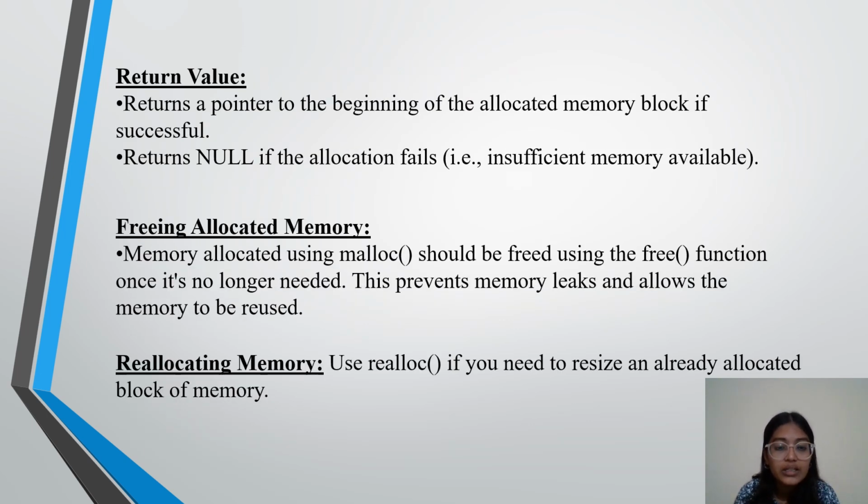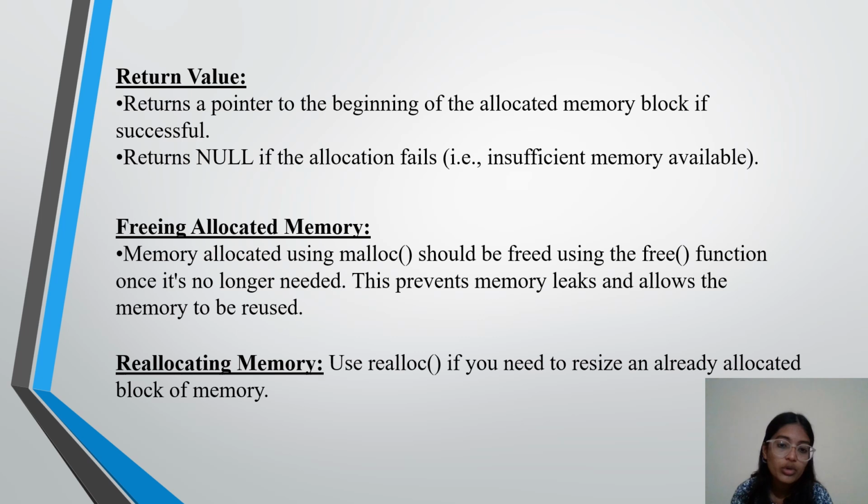Okay. If the memory block allocation is successful, it will return the pointer to the beginning of the allocated memory block. If it fails, it returns null, indicating that the memory is not allocated successfully, which maybe can be due to insufficient memory available.